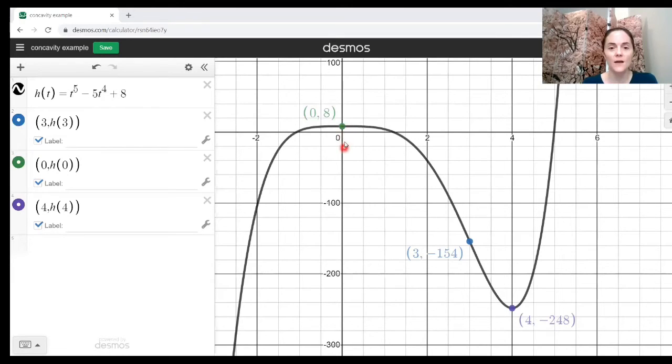We see it here on the graph, (0, 8), that we have a local min at x equals 4, and we see this on the graph, (4, negative 248), okay? Then this point, (3, negative 154), at x equals 3, is our only inflection point.